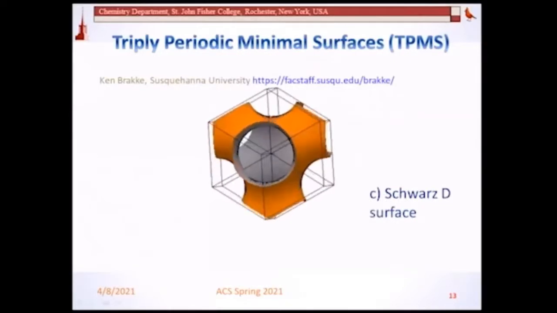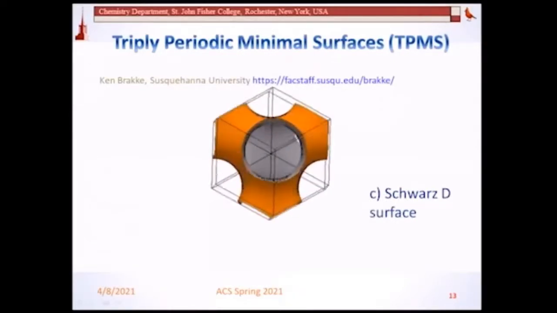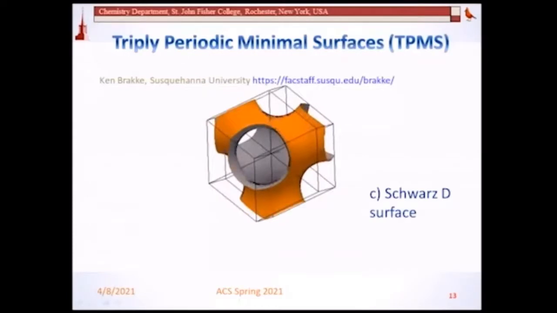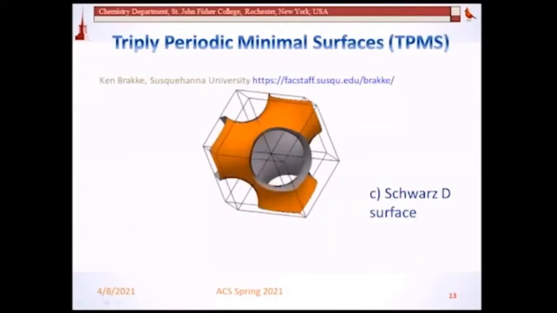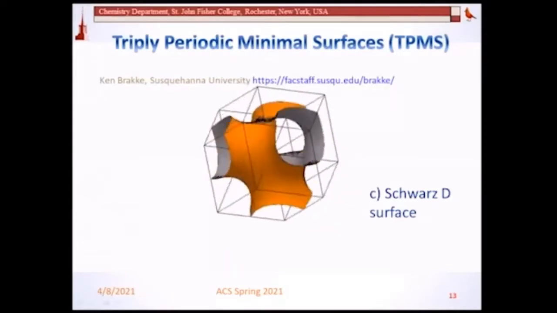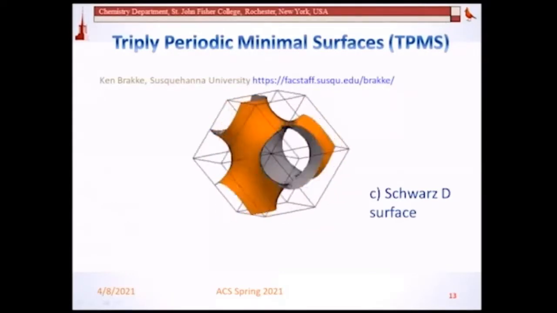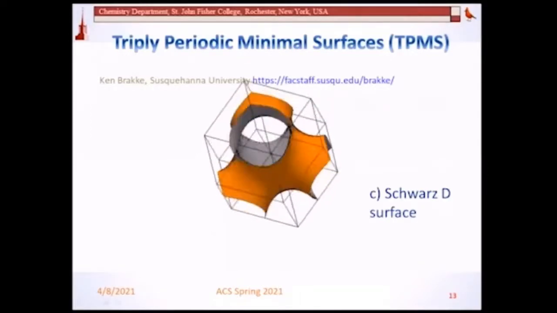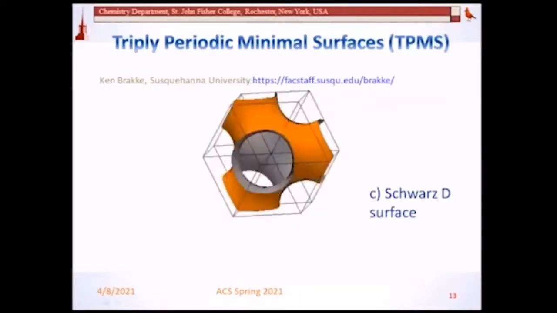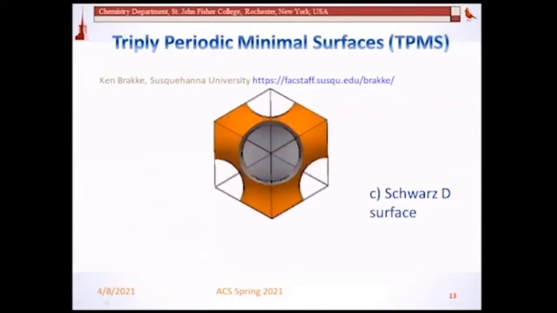There is another D surface that has tetragonal symmetry. There is a comparison to the carbon in diamond, and so that's why it's called D surface, with tetrahedral arrangement of those openings, and they can also combine with each other and form a 3D structure.